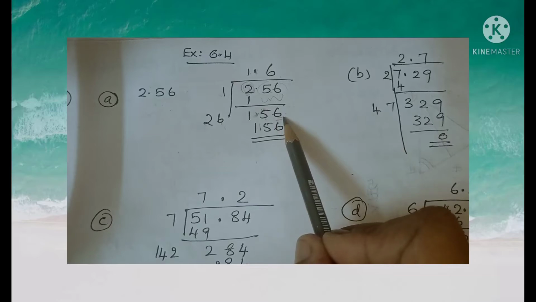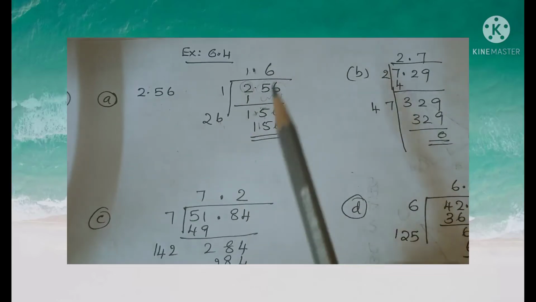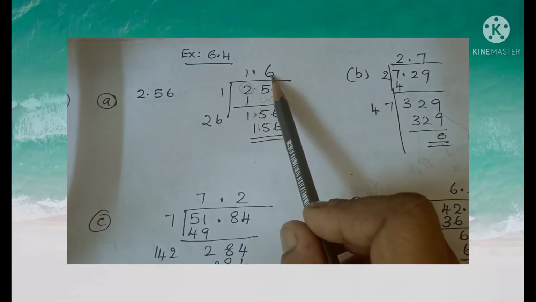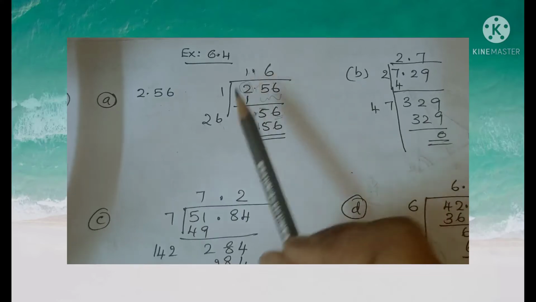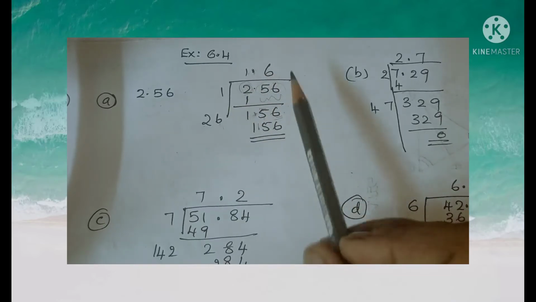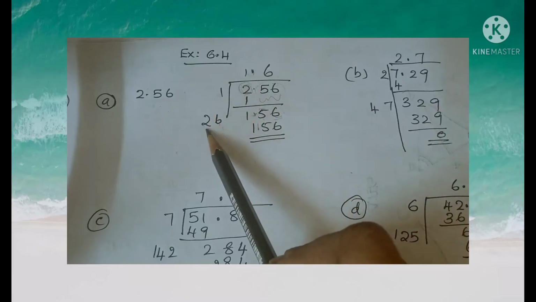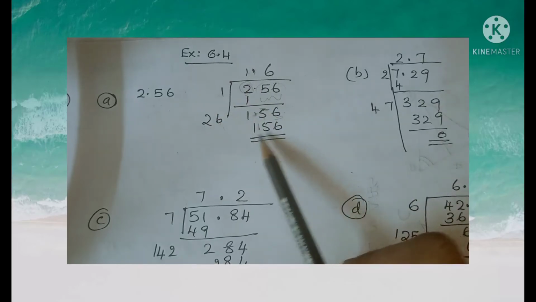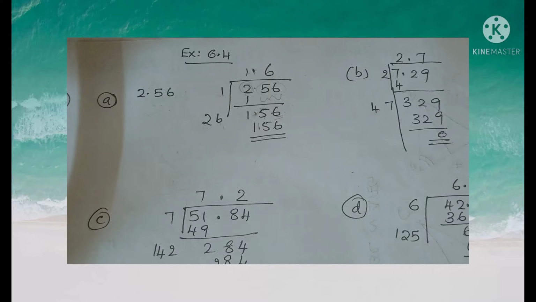Since the number is ending with a 6, either 4 or 6, let us write 6 here. Then 6 into 6 36, 6 into 2 12 plus 3 is 15, so the answer is 156.